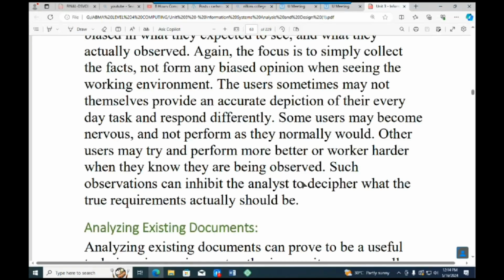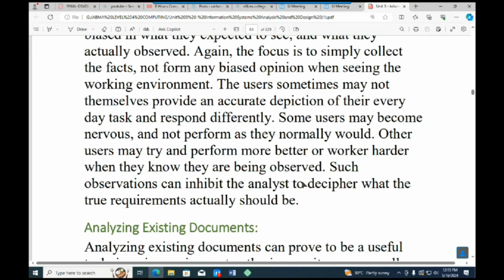In this same area, we might have some other users becoming nervous and others might not actually perform things normally as they would have performed if they were not under observation. Now, at times you might have other users trying to perform better or maybe work harder when they know you are actually observing them.